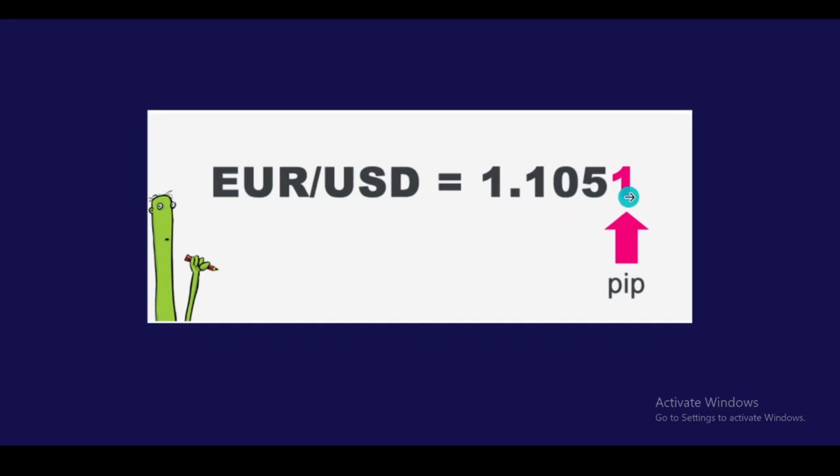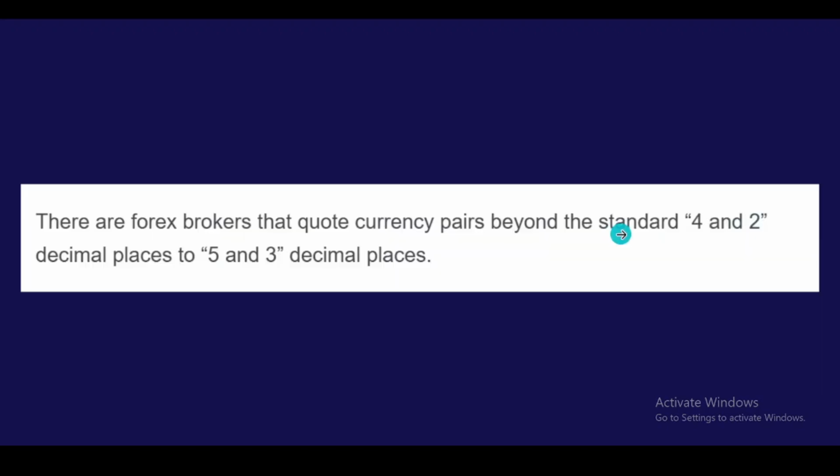The last one being the pip. But if you check your chart, you notice that they are not quoted in 4 decimal places, rather they are quoted in 5 decimal places. Even this one, 2 here, is for JPY pairs. The standard is supposed to be 2 decimal places, but if you check your JPY pair, you see that they are quoted in 3 decimal places.